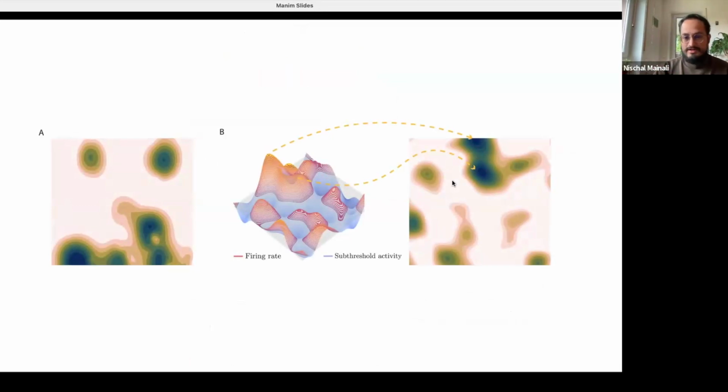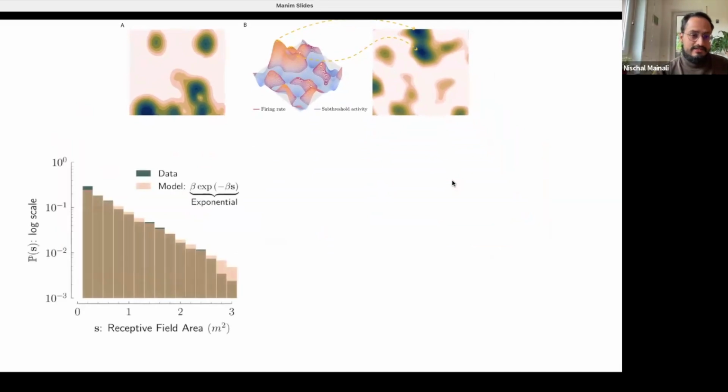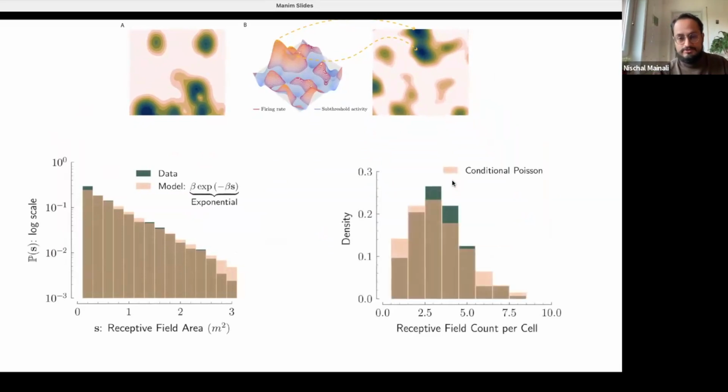You can already appreciate qualitatively there is some similarity, but we can similarly look at more quantitative predictions and find that the distribution of field sizes, in fact, matches the distribution of field size observed in data. And it's exponential because if you substitute d equal to 2 in the equation that I showed you earlier, you end up getting that the distribution of field size in 2 dimensions is exponential. And field counts are simply distributed Poisson.